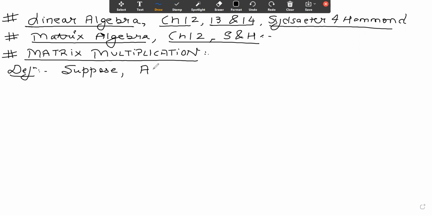Suppose I have a matrix capital A, which is Aij, which is an M cross N matrix.